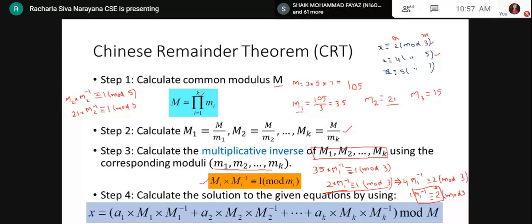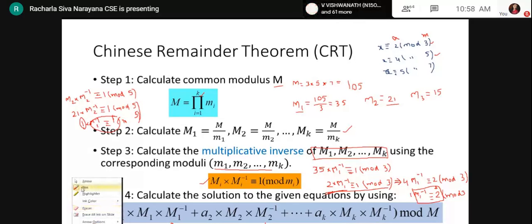Now 21 mod 5 value is 1. So 1 into m2 inverse congruent 1 mod 5. So m2 inverse value is 1. So you see here, m1 inverse value is 2, m2 inverse value is 1.